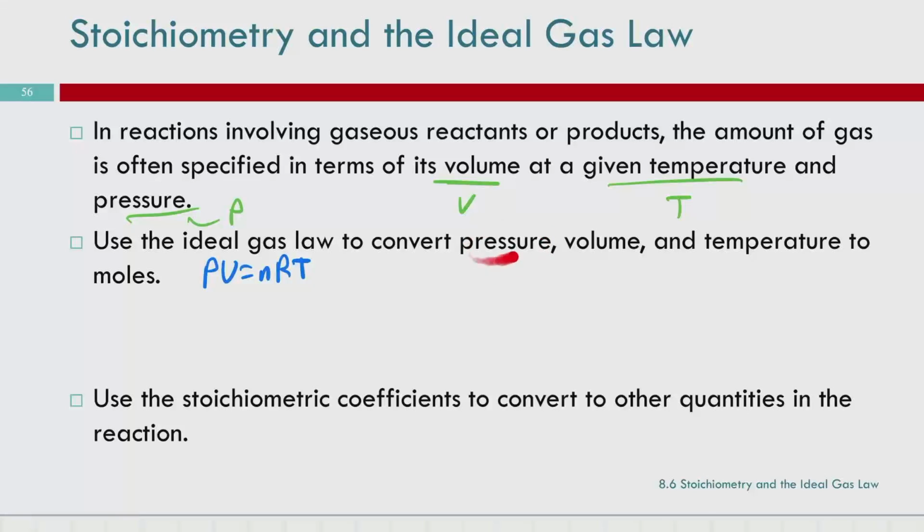So we can convert pressure, volume, and temperature to moles. So we're solving for n. We're going to divide by RT. Flip the left and the right sides. n equals PV over RT.